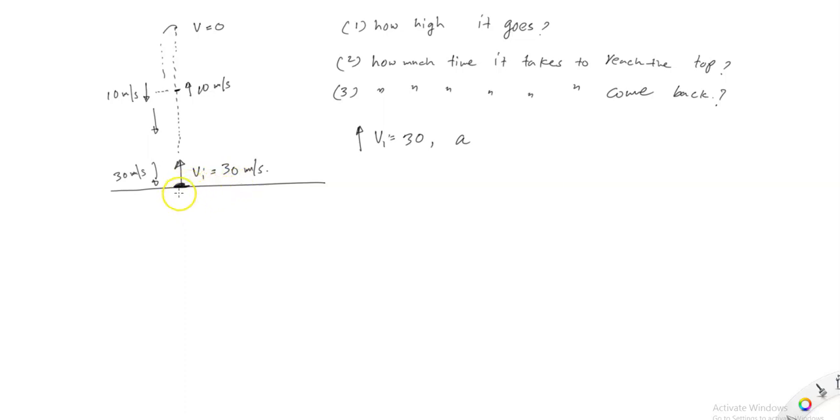From this point, when you look up, you see that speed is decreasing. On the way up, it's slowing down. So what kind of acceleration is this? It's still gravity. It's still 9.81, but negative 9.81. On the way up, it's gonna be negative.